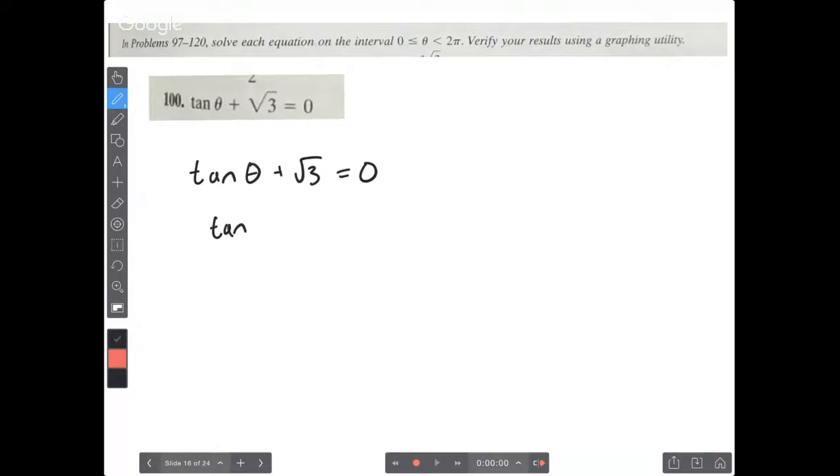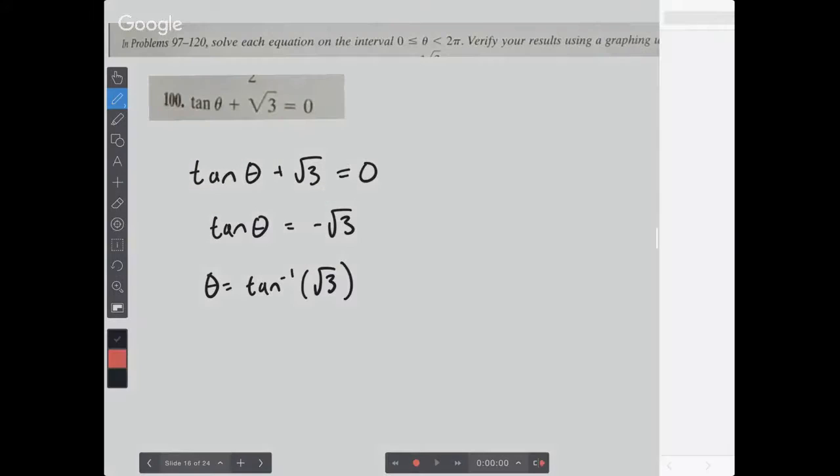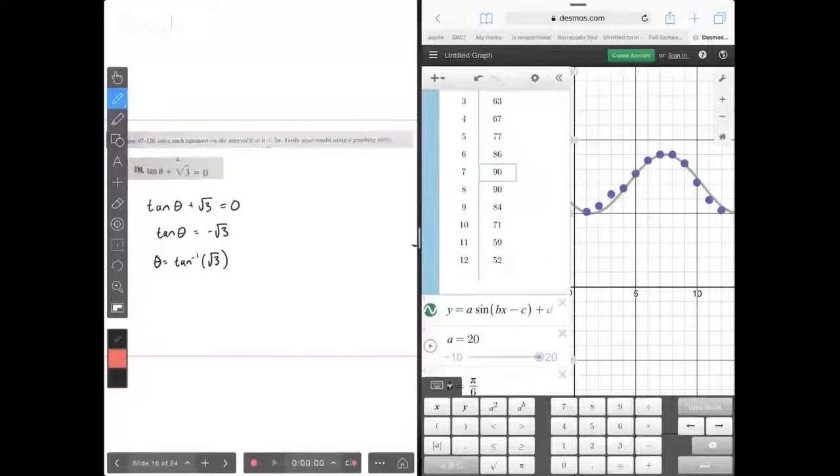So I'm going to say tan of theta equals negative root 3. Okay, what's the inverse tangent? Theta equals the inverse tangent of root 3. I want to know for what values on the unit circle does tangent equal root 3? Let's pull up a unit circle for our viewing pleasure.